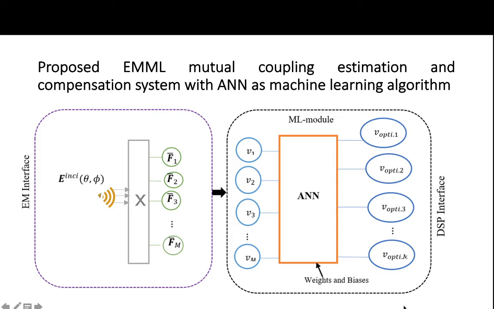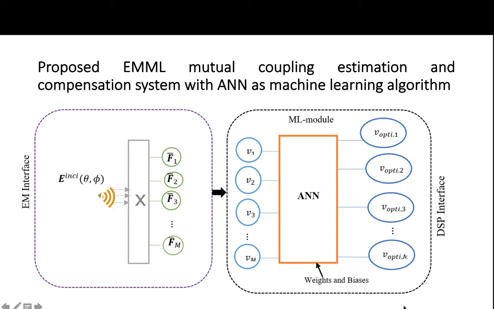This is the proposed architecture of the work in this slide 32, and we can see the incoming EM, the EM interface and the DSP interface. We have the EM interface where the incident EM comes in, and the ACGL is applied for us to separate them, one for each, depending on the number of elements in the array.